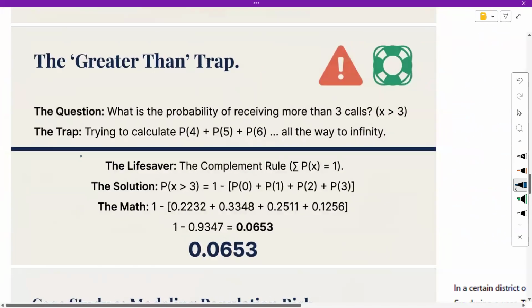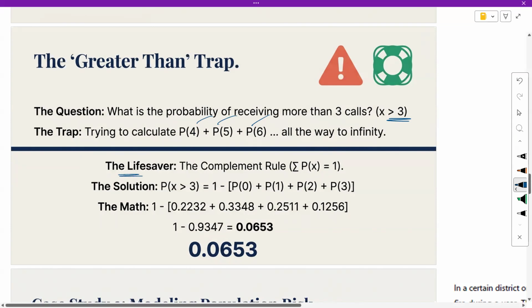The question: what is the probability of receiving more than 3 calls? More than 3 calls, not equal to 3. The trap is trying to calculate P4, P5, P6 all the way to infinity.